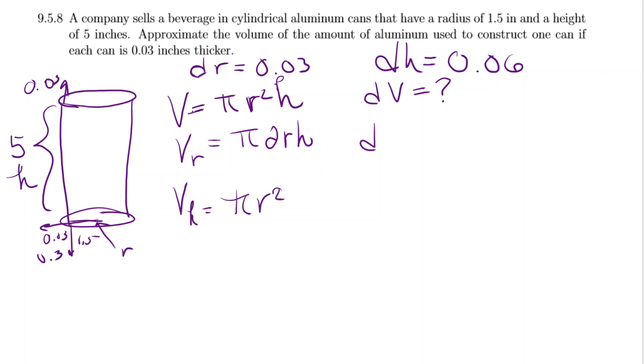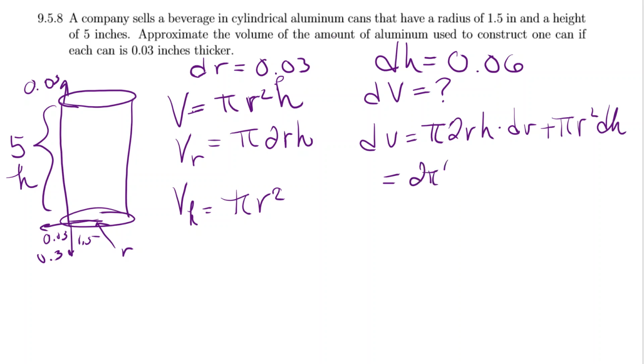Done. So what's dV? Well, it's going to be my r derivative times my dr plus my h derivative times my dh. Okay, so I'm going to put in the values for that.